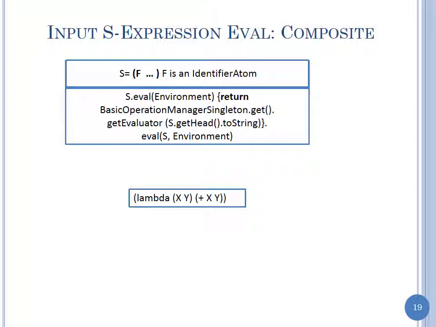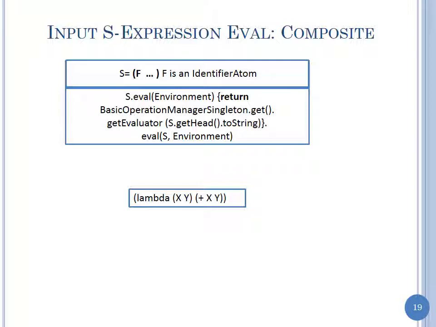That something may or may not be argument names, because when F is the word lambda, then what follows it is not the arguments to lambda. It is just something to describe the lambda expression. It can either be a function with arguments, or lambda with a lambda description. So my general syntax is S is equal to F ..., where F is an identifier.